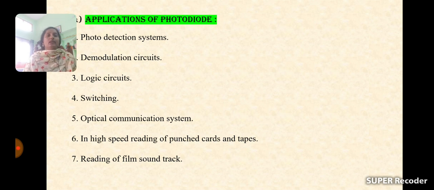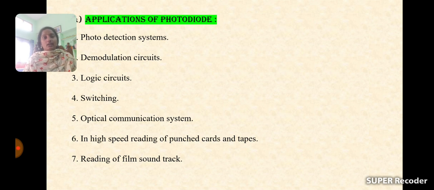What is the main application of photodiode? These are also used in reading of film soundtracks. So these are the wide varieties of applications of photodiode. What is our first one? It is used in photo detection systems, demodulation circuits, and logic circuits. In switching circuits also photodiodes are used.